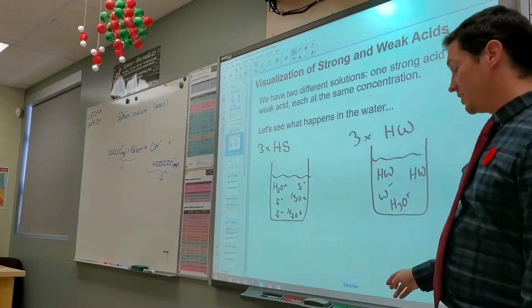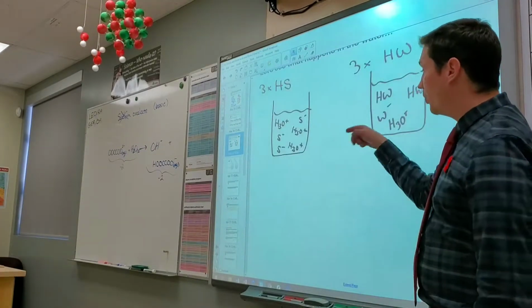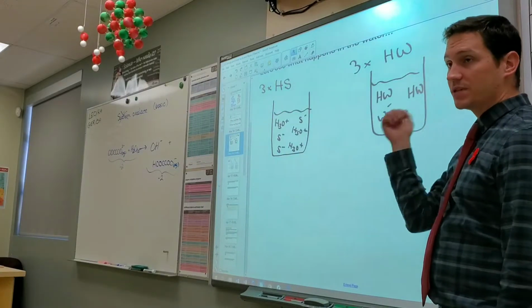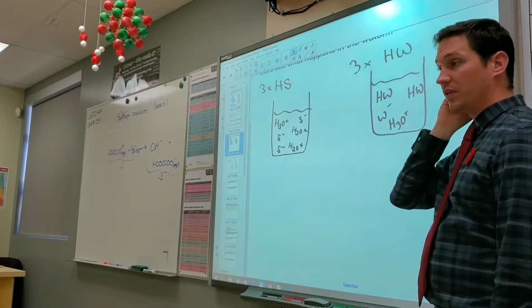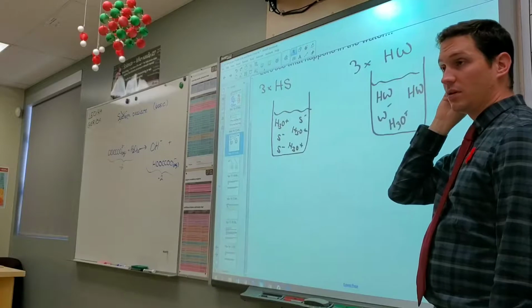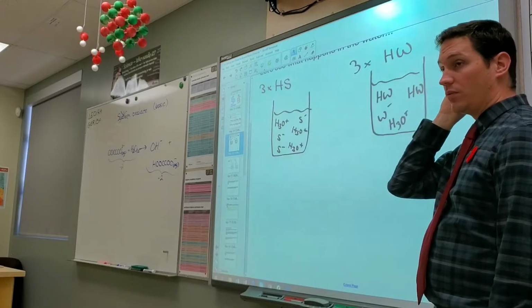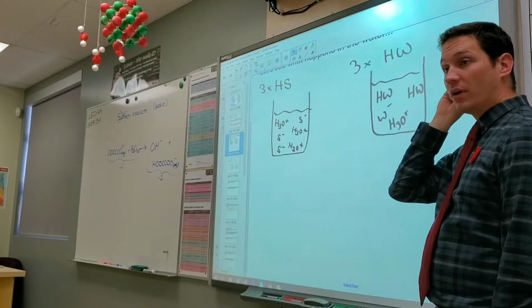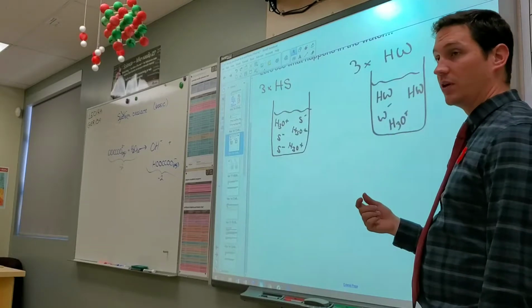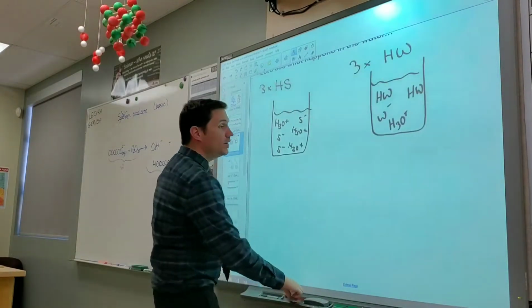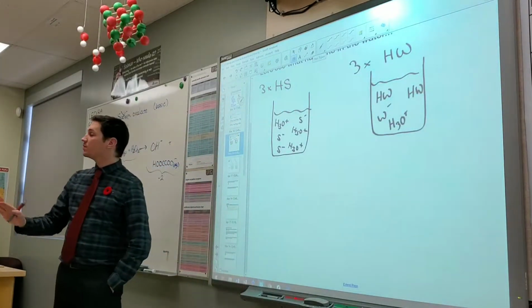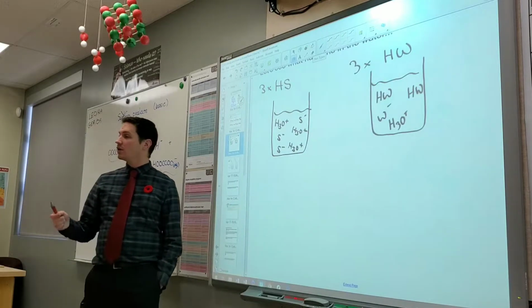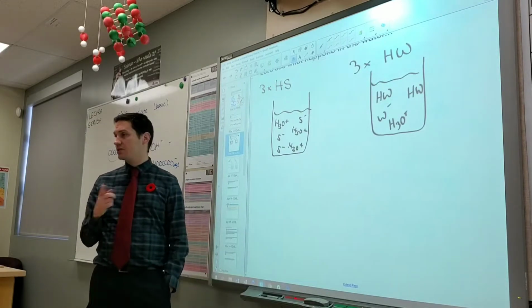What's the big difference between these two solutions? One of them has way more H3O, right? Assuming equal concentrations, could you use pH to tell the difference?